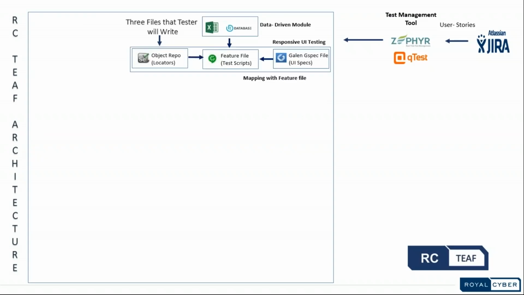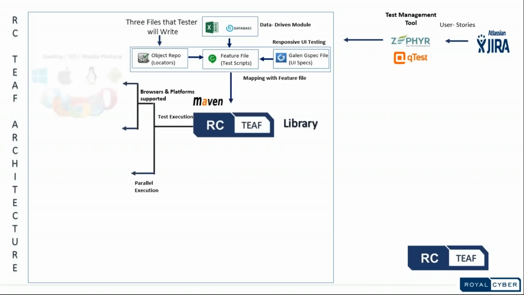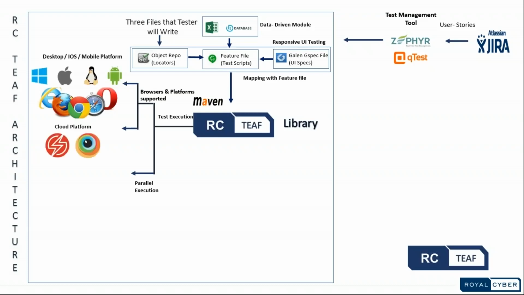So like I said, the object repository where all the UI elements are stored, the feature file where you write the actual test scripts in English sentences, and the Galen spec where you define your UI specifications. So once these are written, the RC library takes care of executing these onto all the browsers that I've already mentioned. So it supports all the platforms that we actually need to test and the platforms that actually matter to the quality of your application.